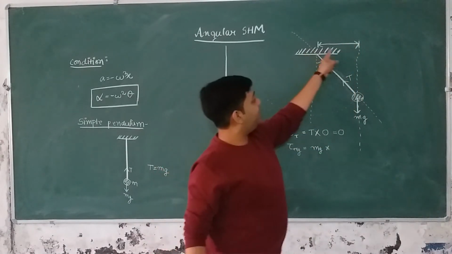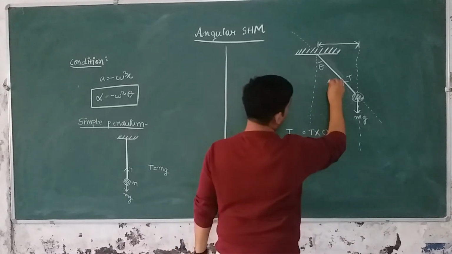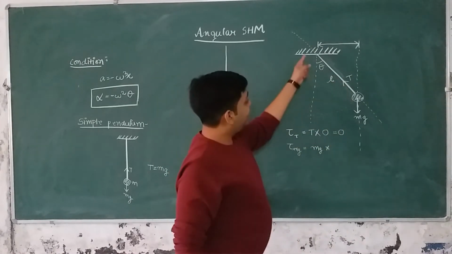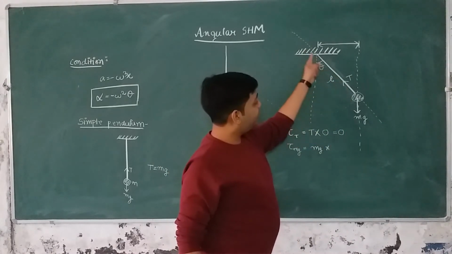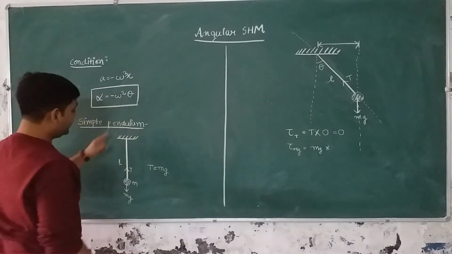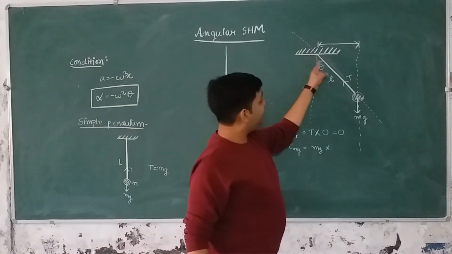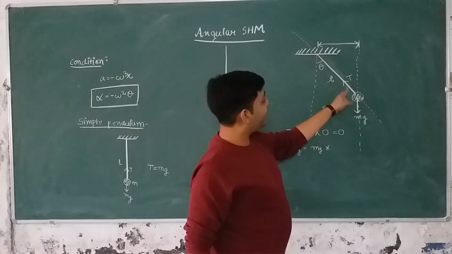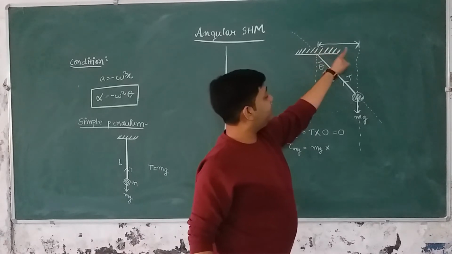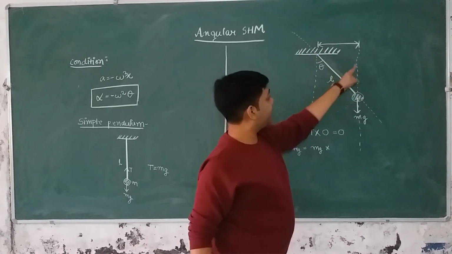Let's say the length of the string is L. Let me also write here: the length is L and the mass of the bob is M. So if we assume that this length is L, then can you tell me this length using trigonometry? We can use this triangle, right?